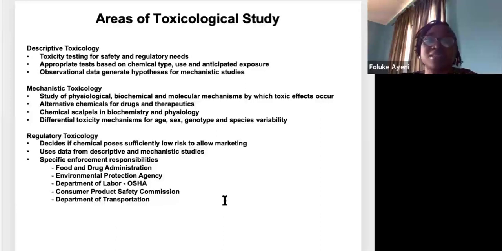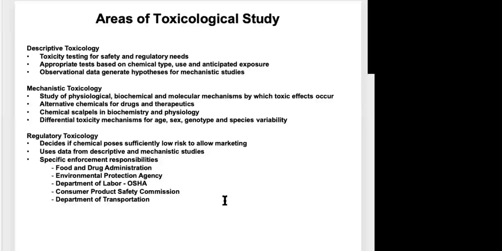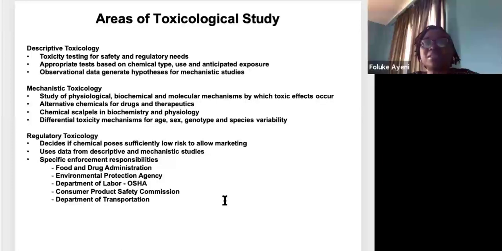Then we have mechanistic toxicology. It's a study of the physiological, biochemical, and molecular mechanisms by which toxic effects occur. We want to know why this effect is occurring in a person, in an animal, or in a cellular organism, and this study is done under mechanistic toxicology.